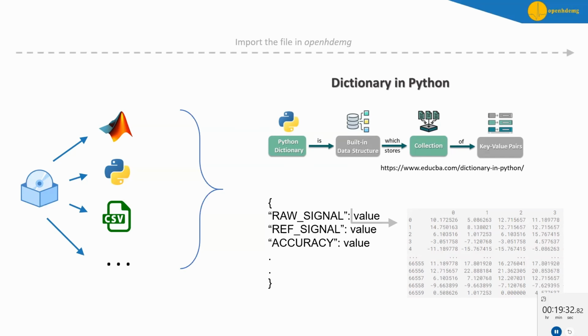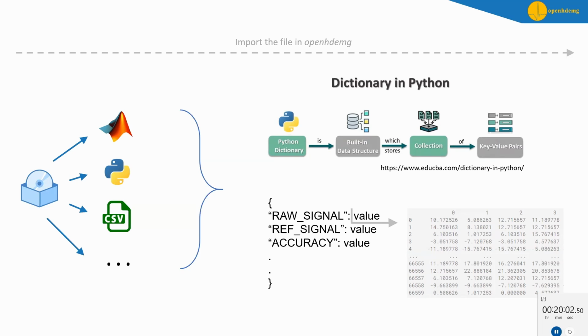In particular, we are using a Python dictionary, which is a combination of keys and values, which is very simple to read because it's humanly readable. For example, if we have a key that is called raw signal, you can easily understand that this key will contain your raw electromyographic signal, which will be a table in the particular case where every column is a channel and every row is a time instant.